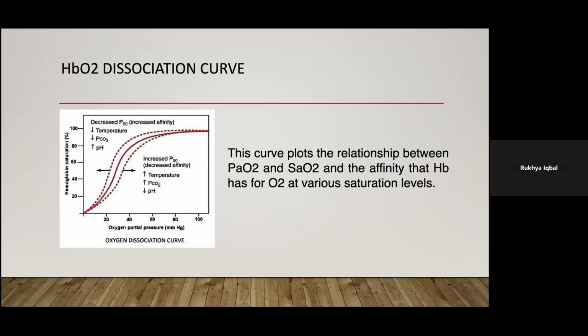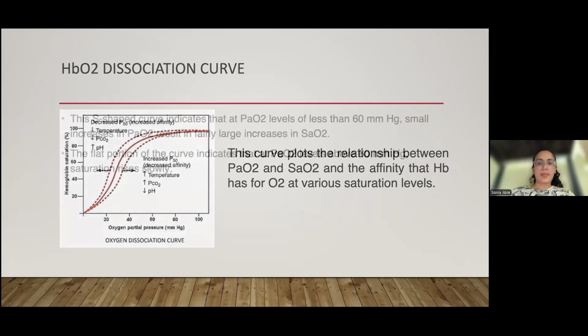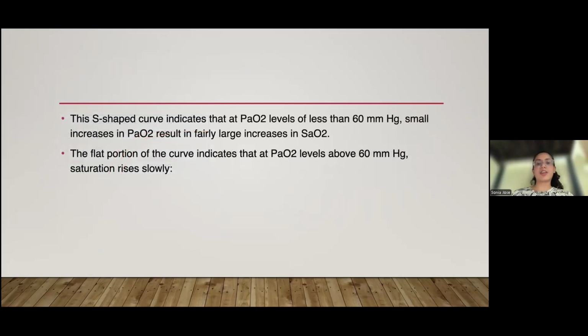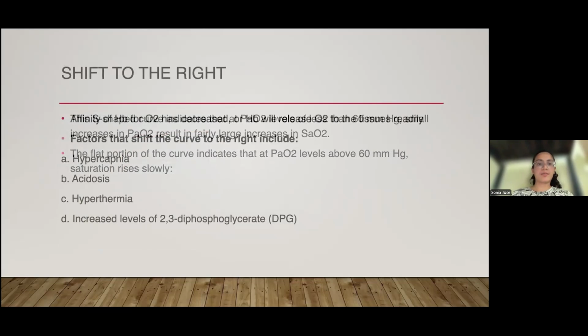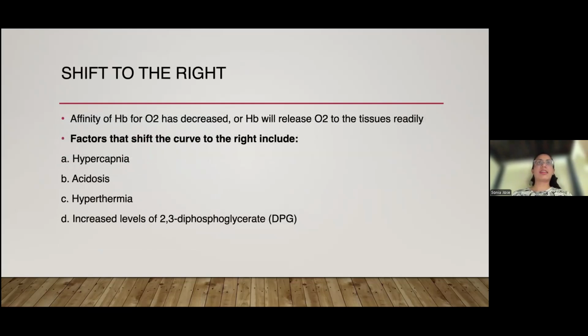This is seen from the ODC curve. Then the flat portion of the curve, which is a plateau, indicates that at PaO2 levels above 60 mmHg, saturation rises slowly. So there is a right and left shift of the ODC curve.